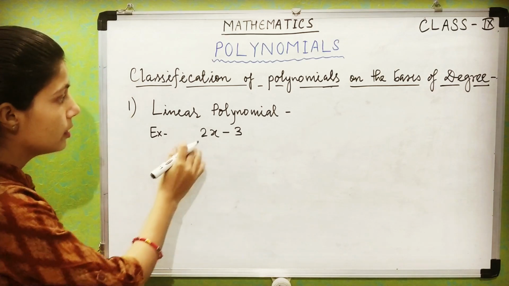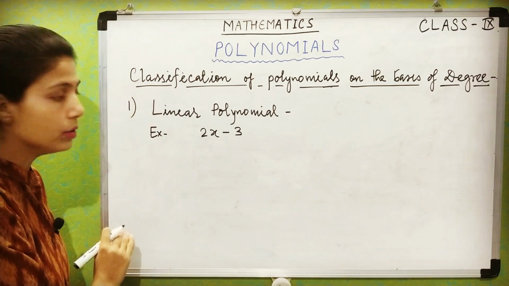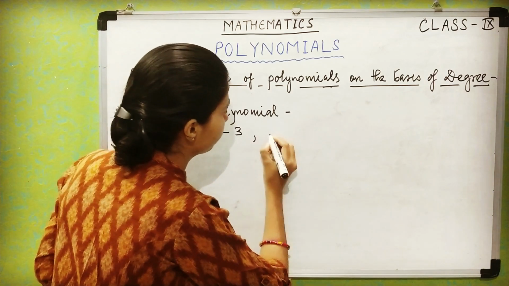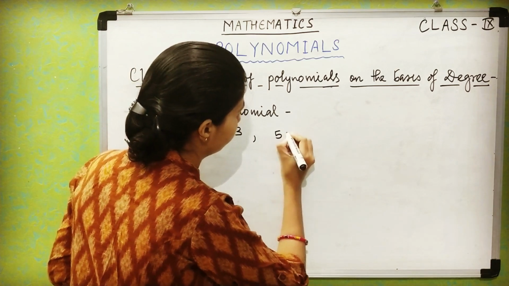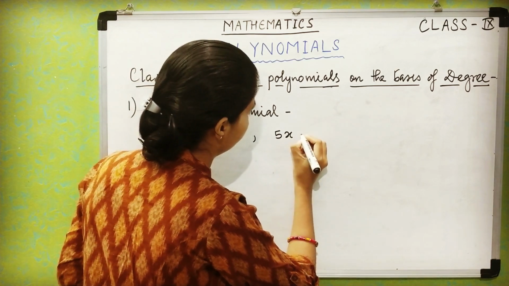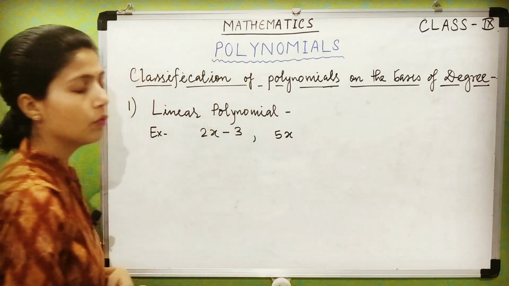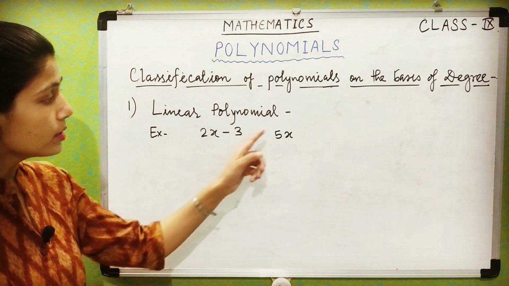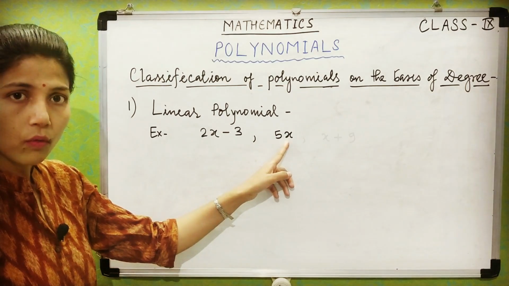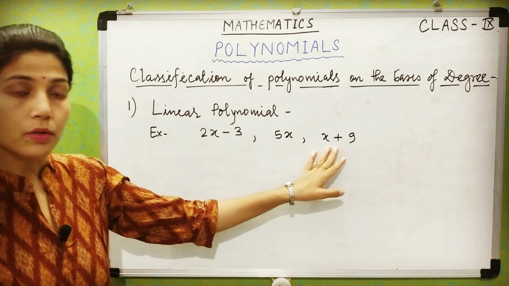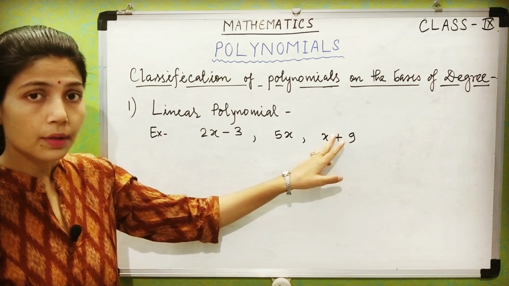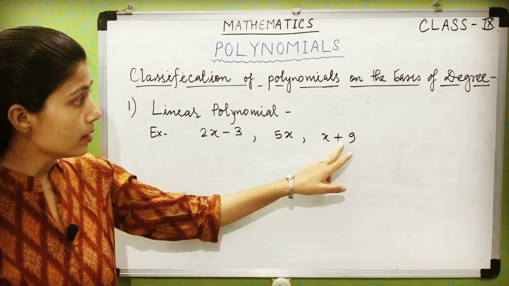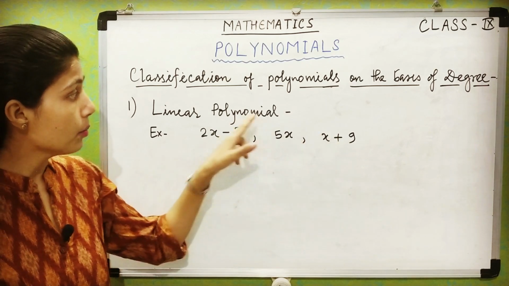So this is a linear polynomial. 5x is also a linear polynomial. Why? Because here the degree is 1, that is why it's a linear polynomial.